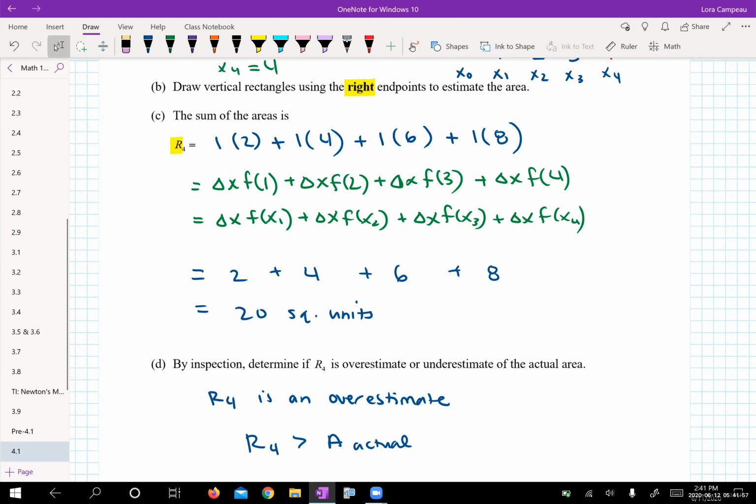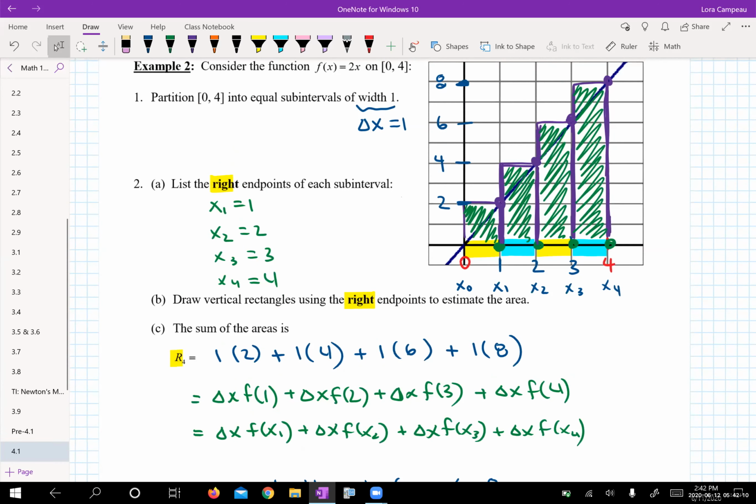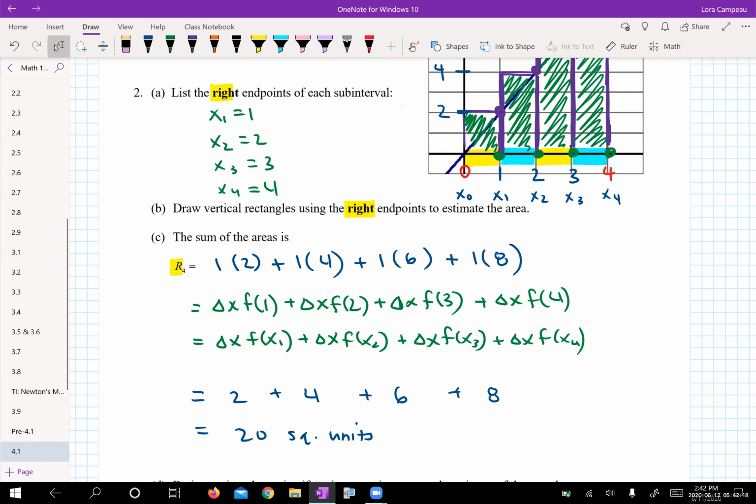So we get overestimates, we get underestimates. What I'm particularly interested in is that sometimes the left endpoints and the right endpoints don't always do the job. They end up being a little bit not so exact. You're either really overestimating or really underestimating.